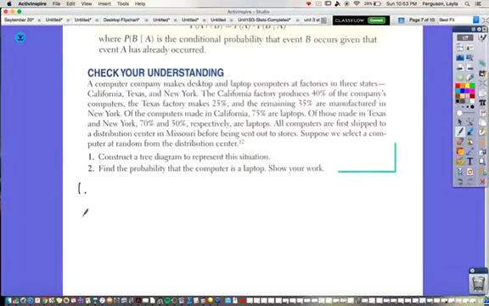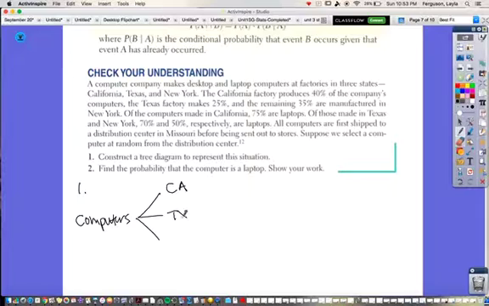All right, so to begin, we're talking about computers. And we have 3 different places that they could come from. So the first one is that it comes from California. The second one is that it comes from Texas. Let's do this.